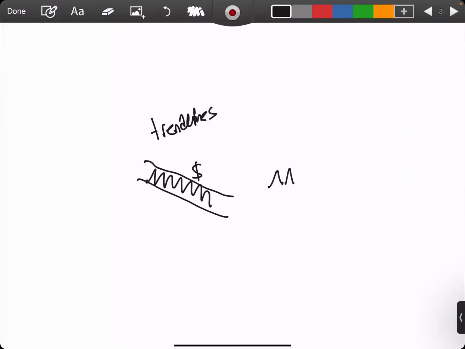You have equal highs, and you have equal lows. You can use these forms of liquidity, trend lines, equal highs, equal lows, as a means like fuel to target some fair value gap above or below.